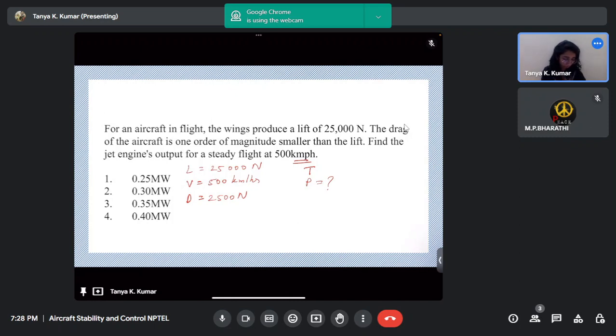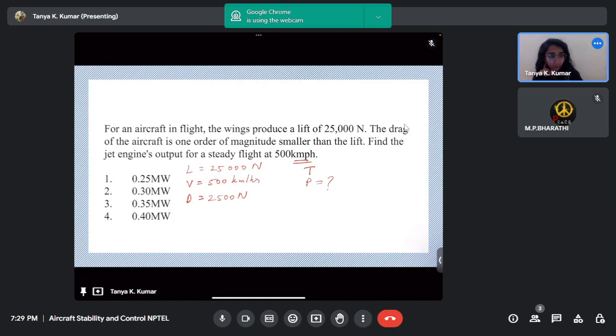It's fairly simple, right? So you just have to find the power. Are you able to do this?